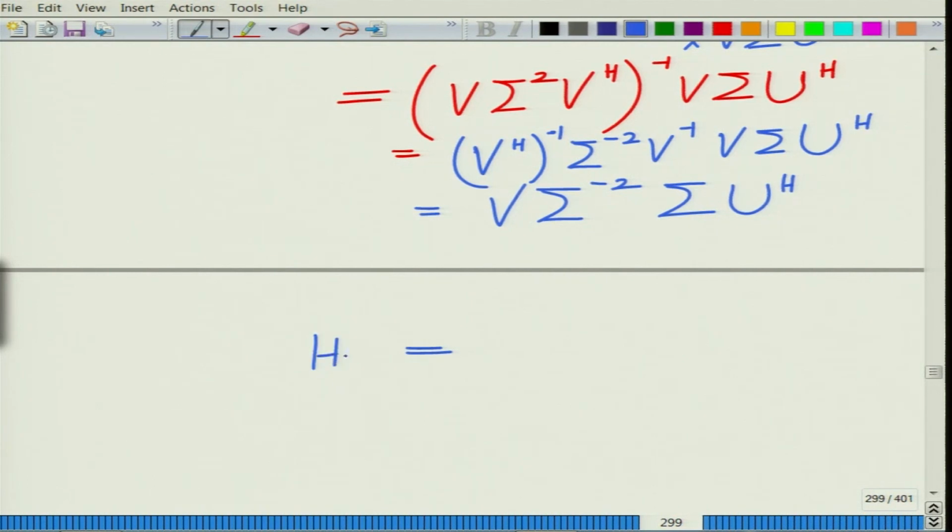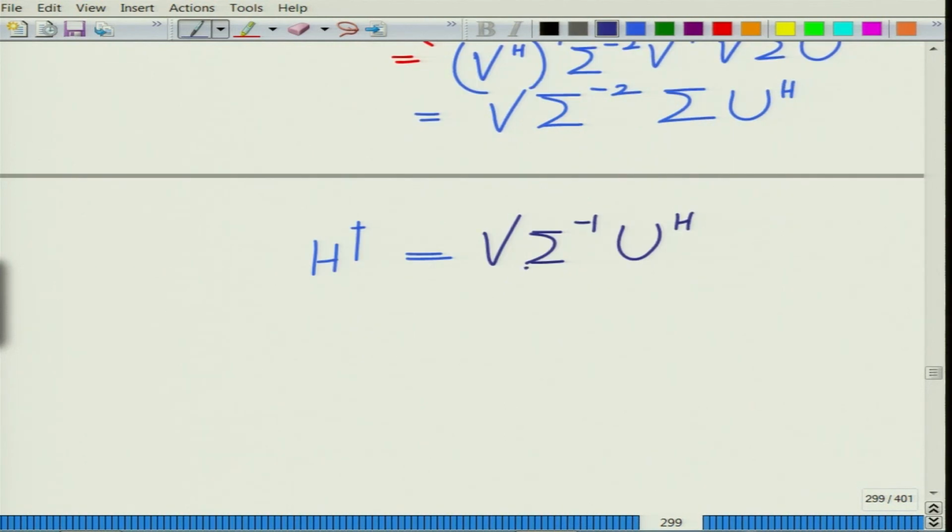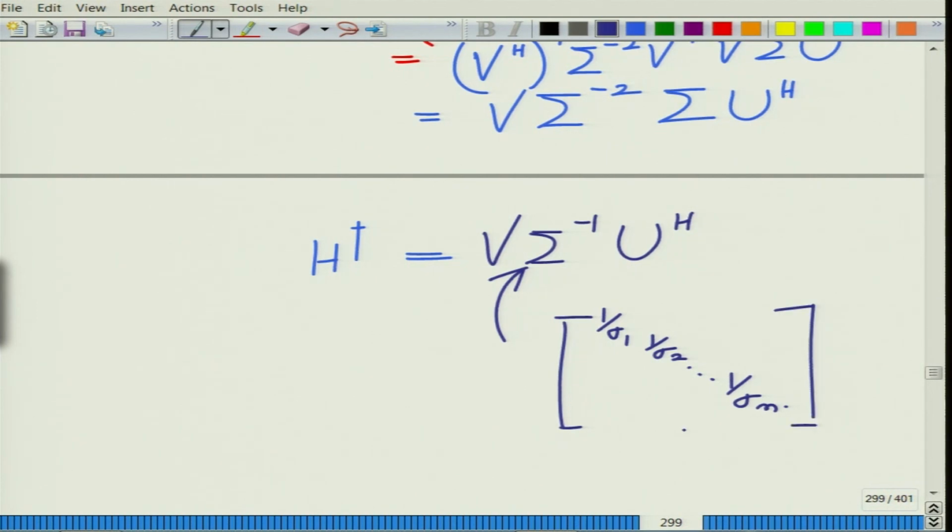So, H pseudo inverse is essentially equal to V sigma minus 1 U Hermitian, where sigma minus 1 naturally is a diagonal matrix with the elements 1 over sigma 1, 1 over sigma 2, up to 1 over sigma n.